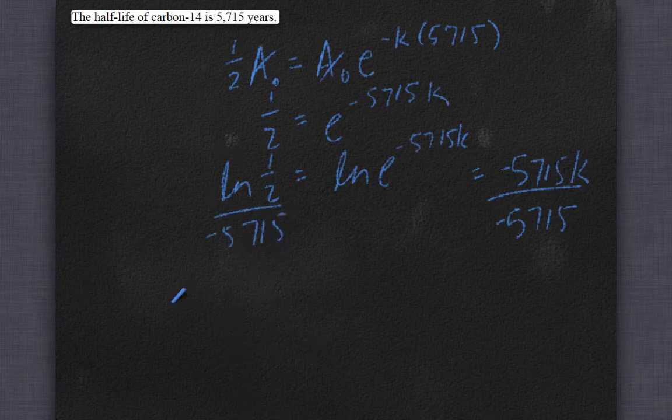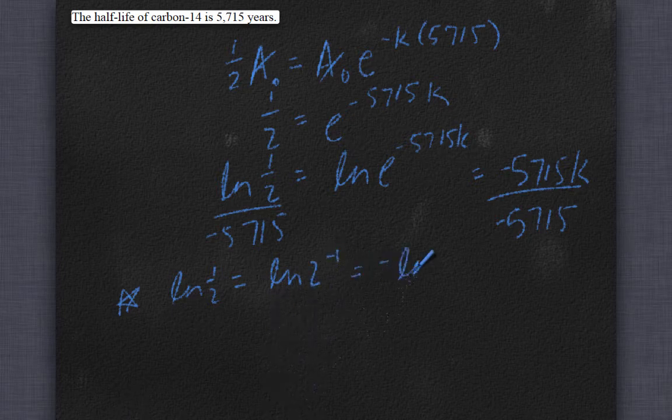But natural log of 1/2, so this is just a note, is natural log of 2 to the -1, which is negative natural log 2. So the formula you've seen is where you do the natural log 2 divided by the half-life. If you've seen the formula, then that's what you've seen.